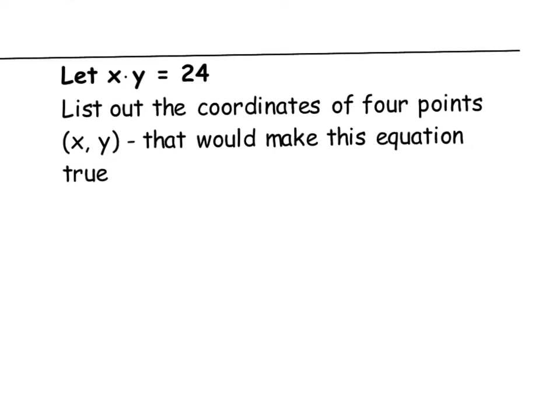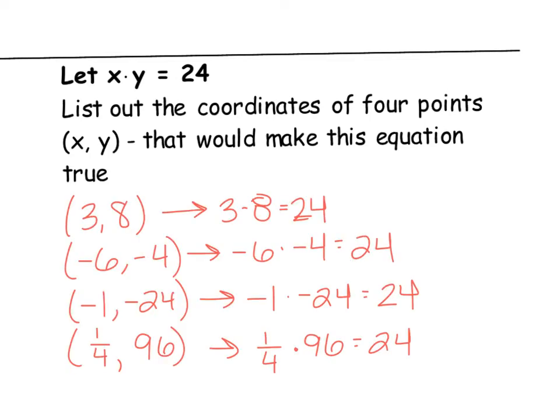What if I'm looking at two numbers that multiply to 24? So I've listed out some options. 3 times 8 is 24, so (3, 8) is a solution. -6 times -4 is 24, so this is a solution. -1 and -24, 1/4 and 96. All of these factors multiply to 24.